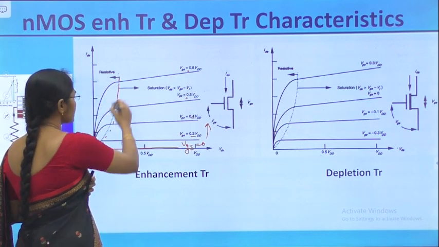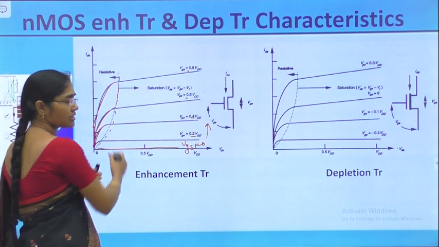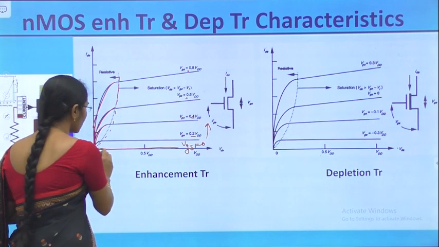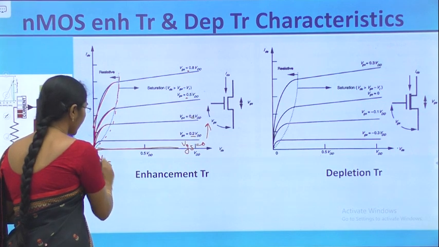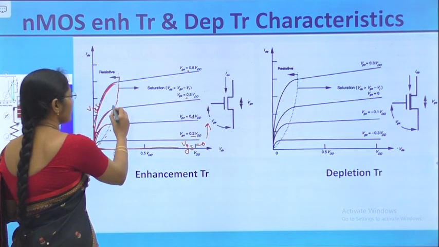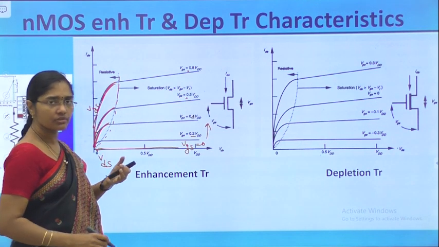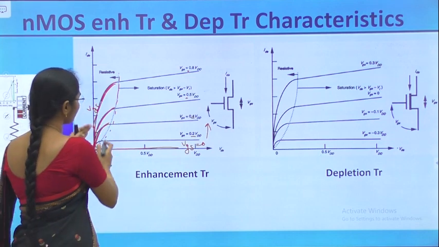In the non-saturation region, the current graph is a function of both VDS and VGS.